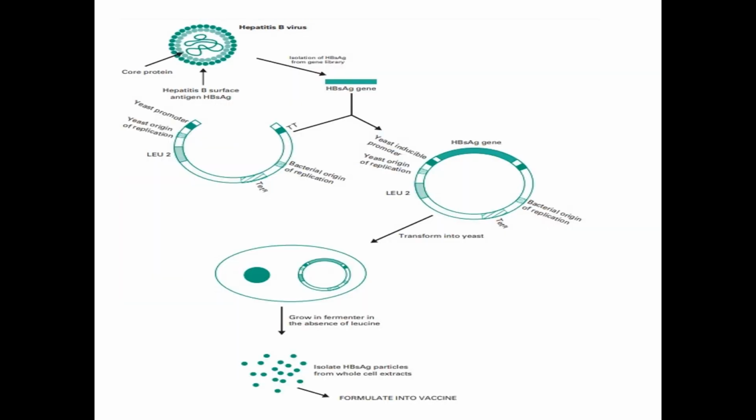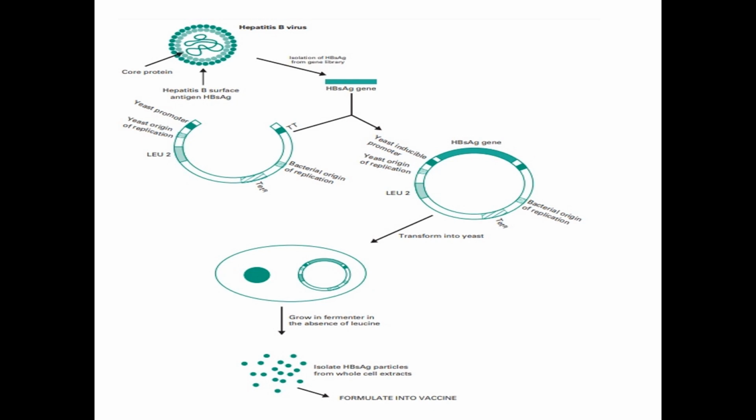So this is a diagram where you can understand a bit more clearly. You can see the virus. This virus is cleaved by the restriction nuclease enzymes to remove the foreign gene, especially the hepatitis surface antigen gene. And it is cloned in a vector which has both bacterial markers and yeast markers and both origins of replication.